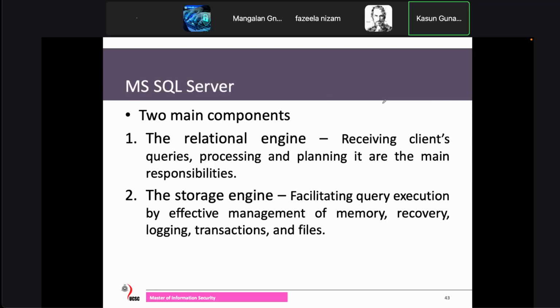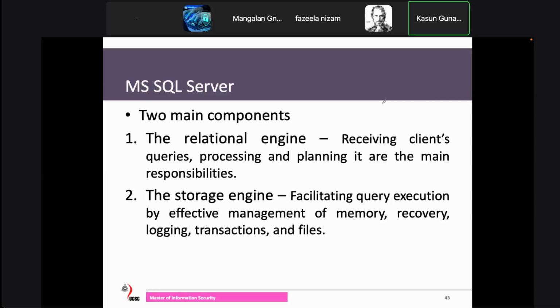The storage engine's primary responsibility is to ensure the effective management of memory, data being processed, files, recovery features, logging, and transaction management.